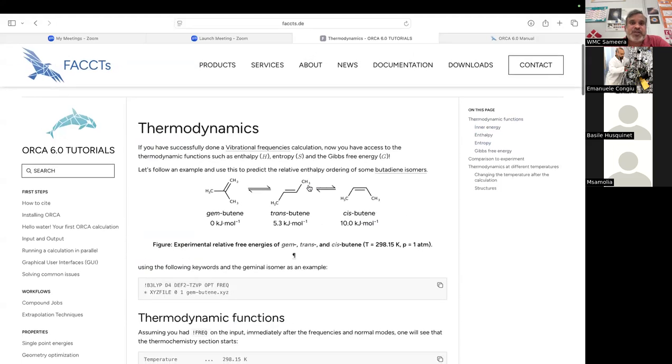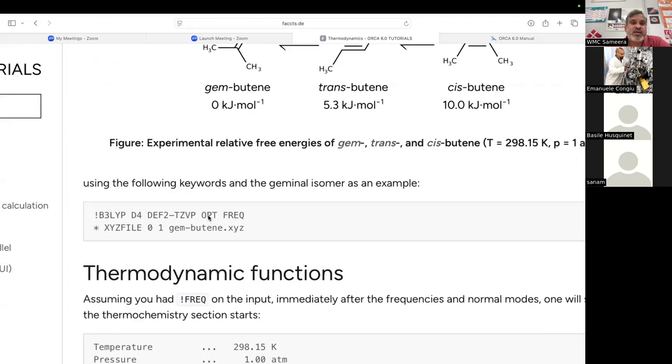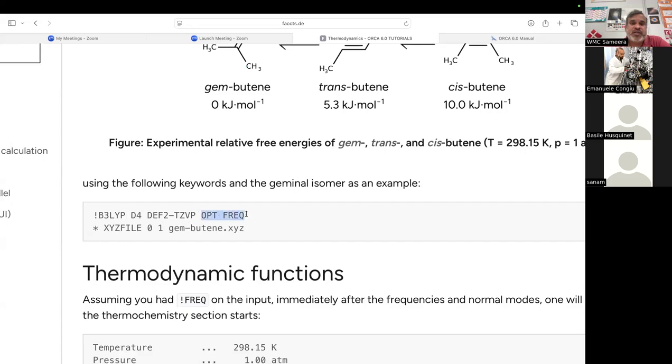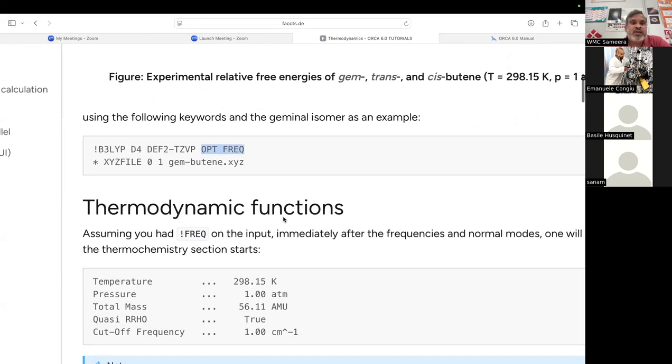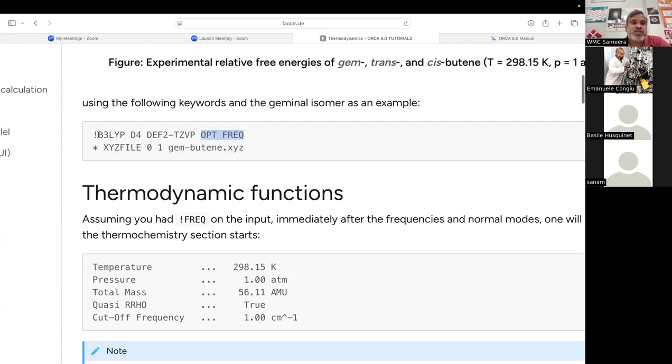We simply optimize the structures and then run the frequency calculation. Here you see, now you know how to read the inputs. Here we use density functional theory and dispersion effects, and this is the basis set, and we run optimization and frequency.